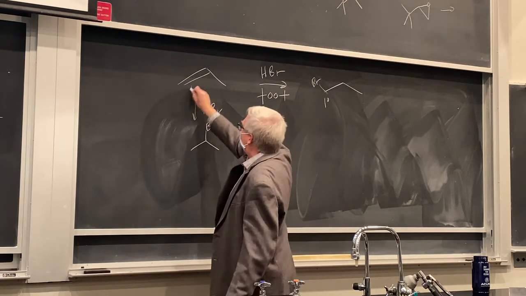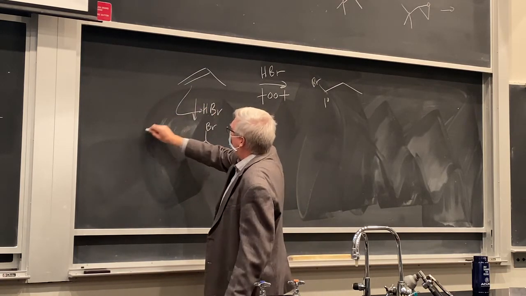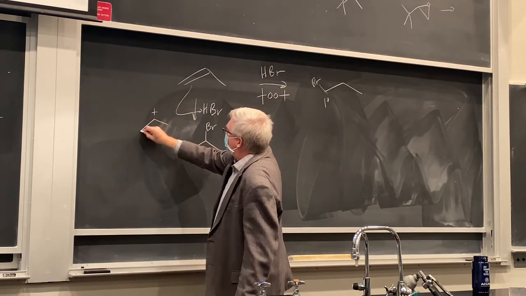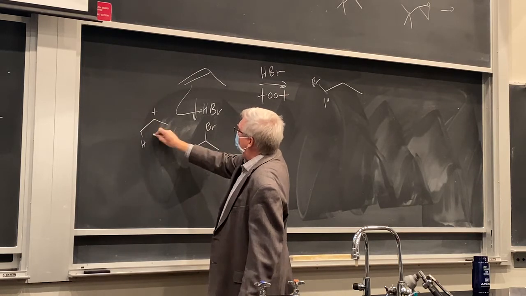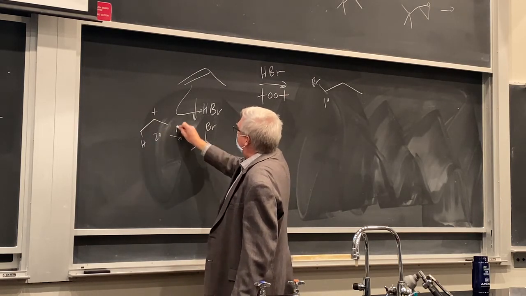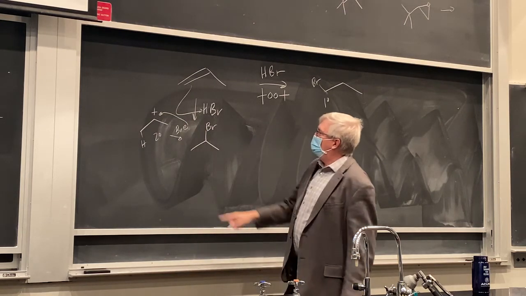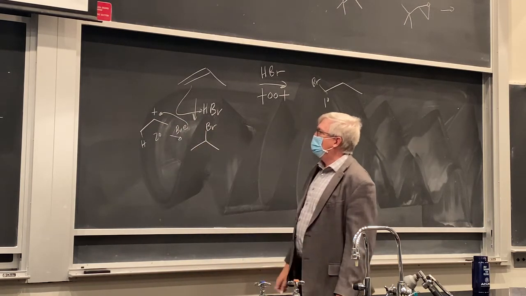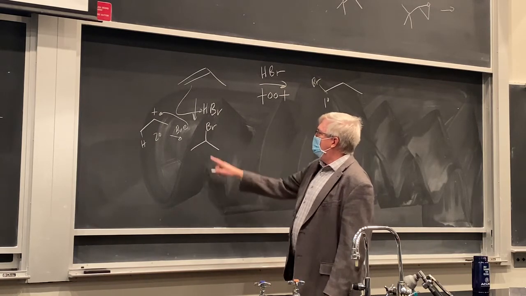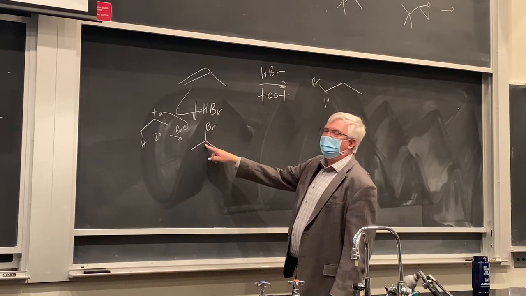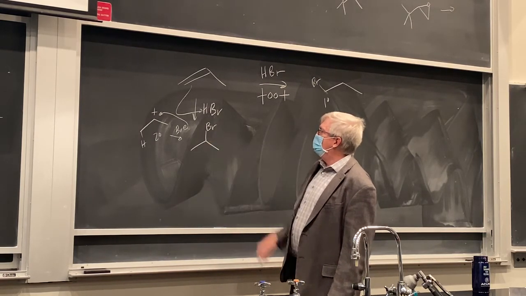And why was that? Well, we protonated, right? And by protonating, we got the secondary carbocation there. And then bromide attacked from there. And it's because of this more stable tertiary, more substituted carbocation that we get the more substituted bromide product.